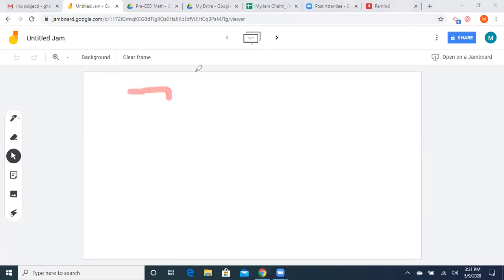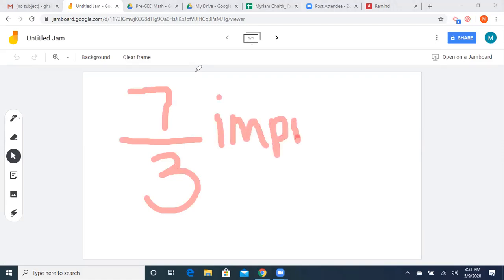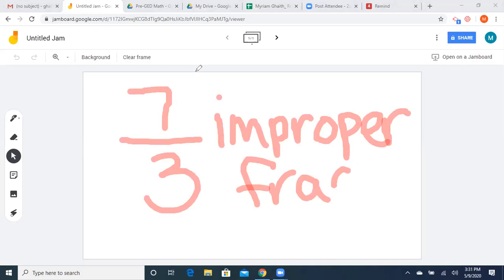All right, I'm going to do it one more time. So we had 7/3. That was our improper fraction, right? And then we're going to write it right here again. What's an improper fraction again? What's greater, the numerator or the denominator?